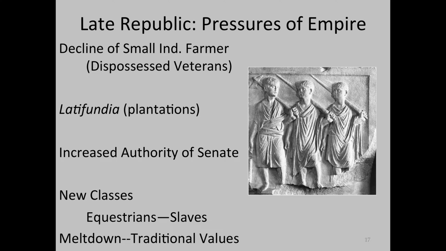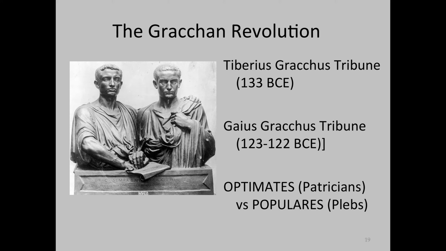Because the independent farmer is producing grain to sell on the market, whereas these plantations are producing more things like grapes and sheep farms, not the grain staple. So in any case, he's fixing the price of grain. He's also instituting a sort of New Deal, with public building projects to give the poor urban masses employment.